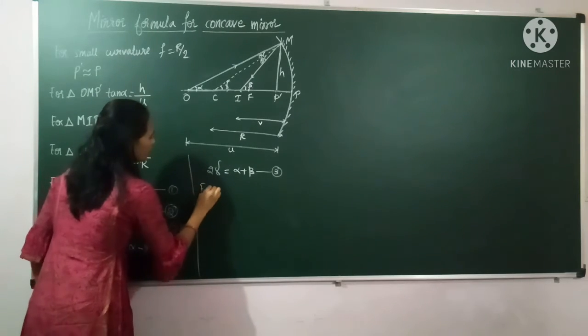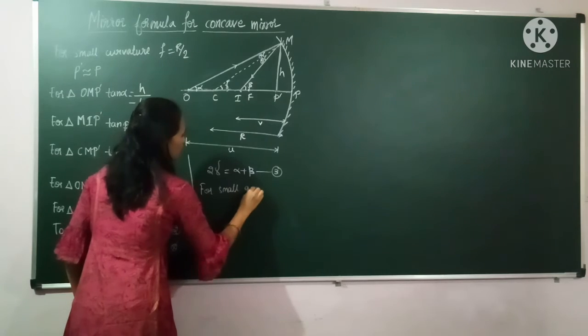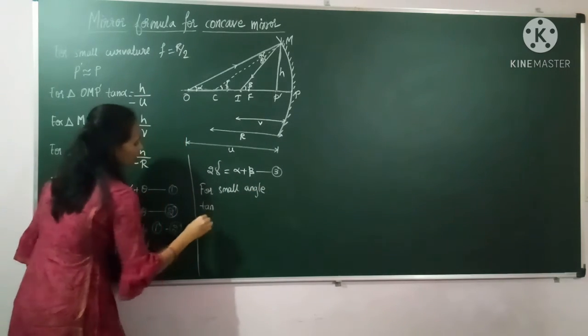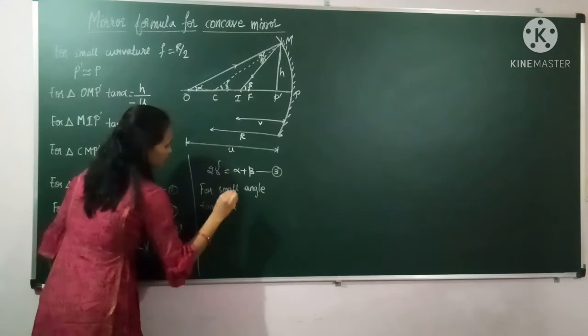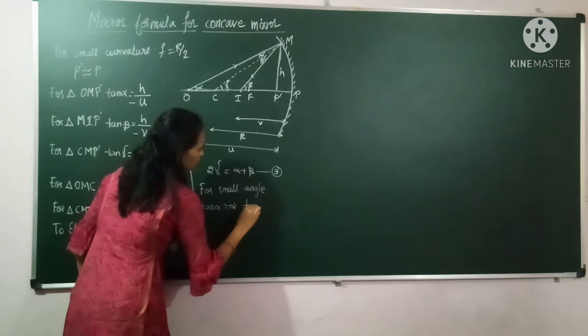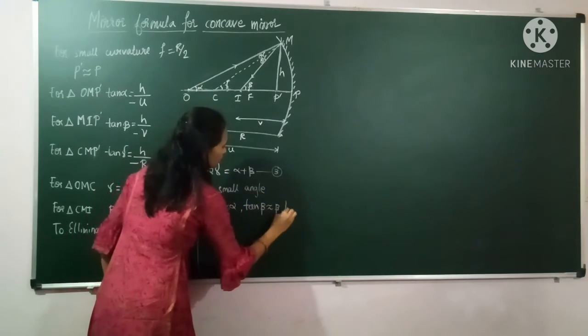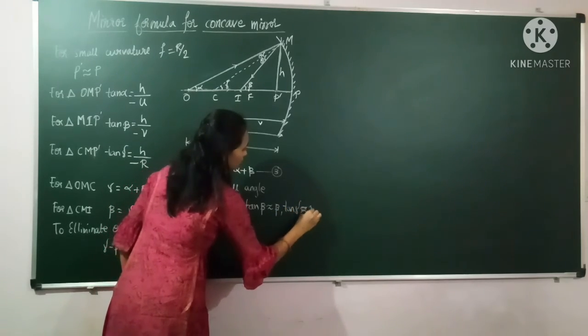Now for small angles, tan alpha is equivalent to alpha, tan beta is equivalent to beta, tan gamma is equivalent to gamma.